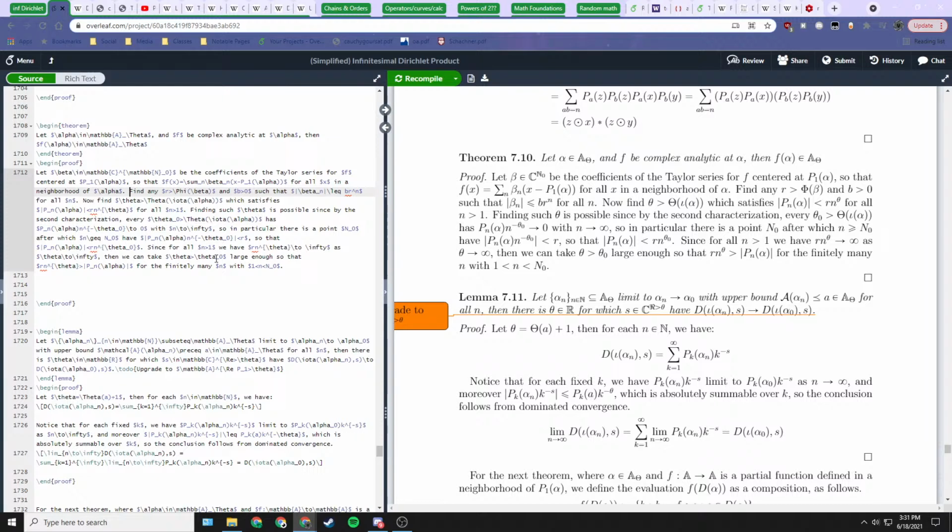Finding such theta is possible since by the second characterization, every theta 0 has this going to 0, so there's a point n0 after which this. So that this is that.